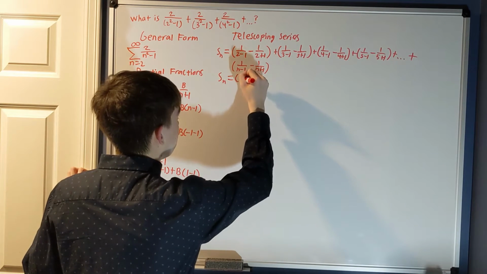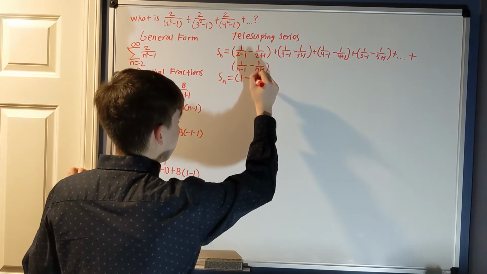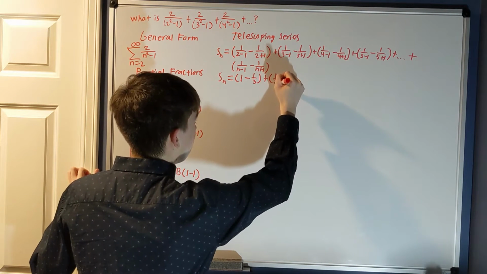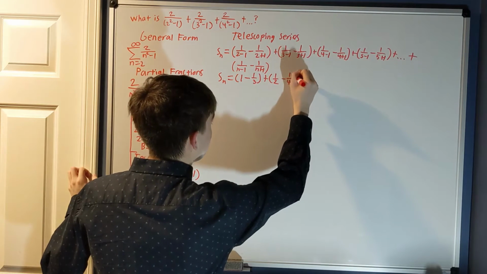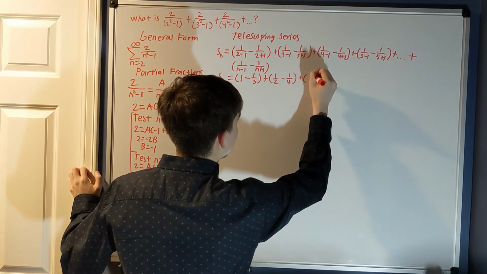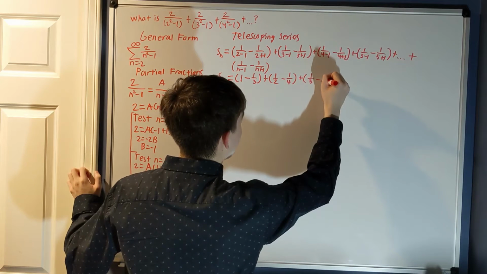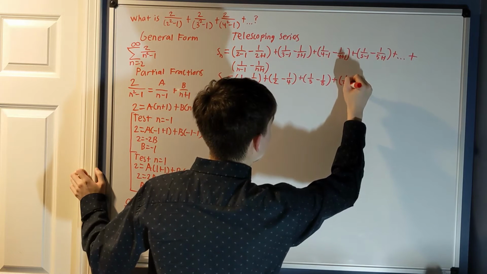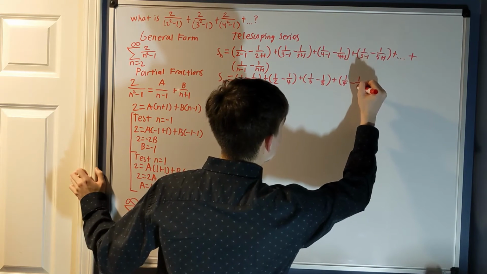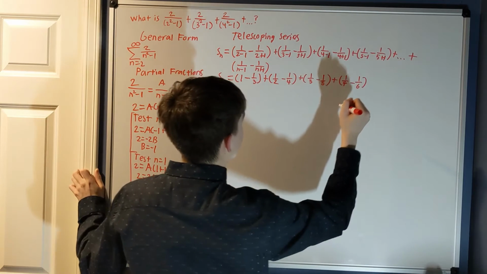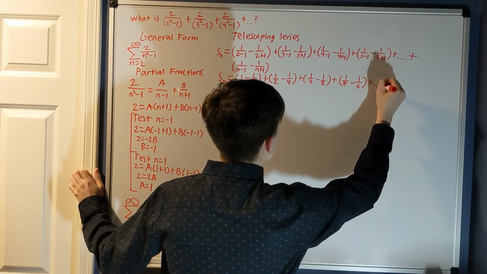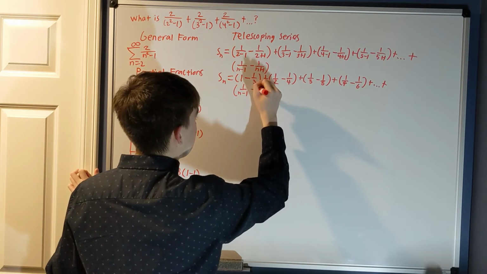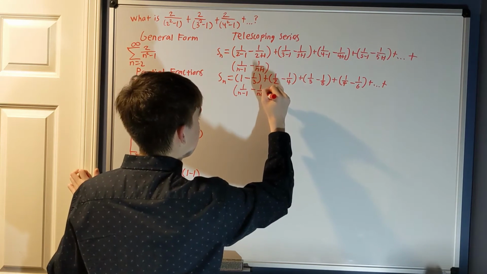It's equal to 1 minus 1/3, plus 1/2 minus 1/4, plus 1/3 minus 1/5, plus 1/4 minus 1/6, and this will also go on to dot dot dot 1 over n minus 1 minus 1 over n plus 1.